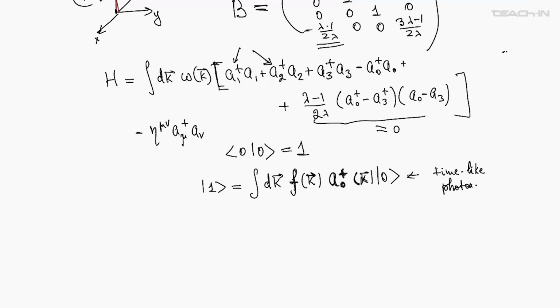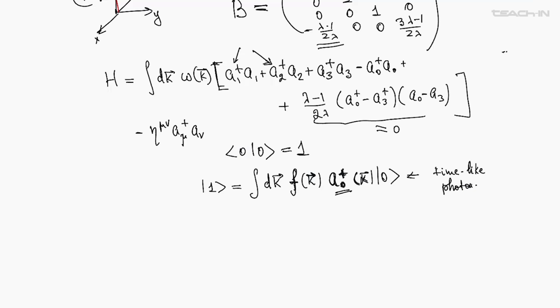Time-like photon. What do we mean by time-like photon? Because the photon which is created by A0 dagger, but this photon doesn't travel at the speed of light. Sorry? No. It's time-like because it contains the index of time.